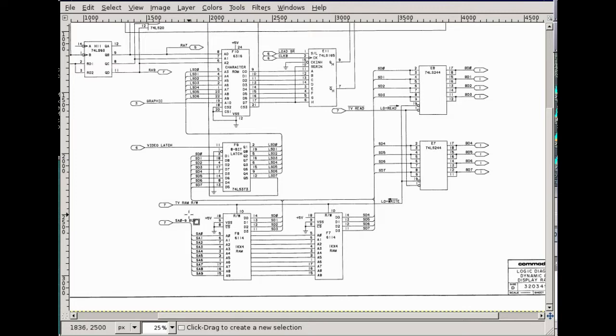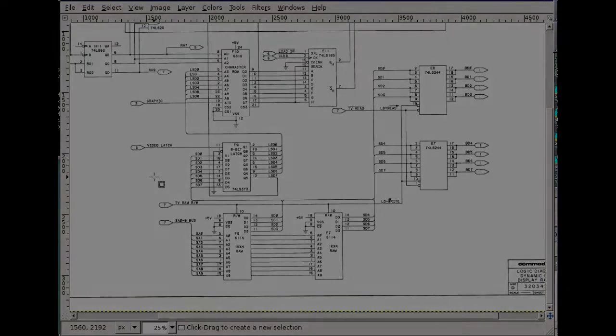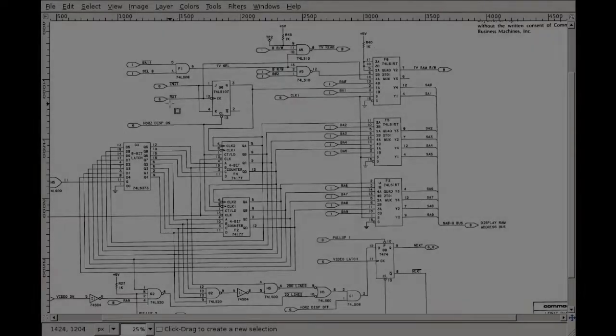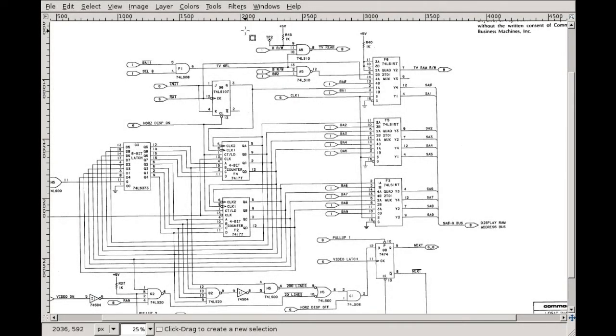But let's also have a brief look at the screen address side on another page of the schematic. Okay, this is page 7 of the 2001N schematic, and this is the other relevant page that we have to understand a bit for this repair.